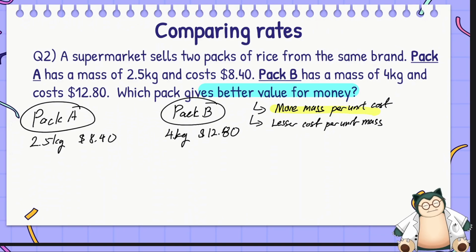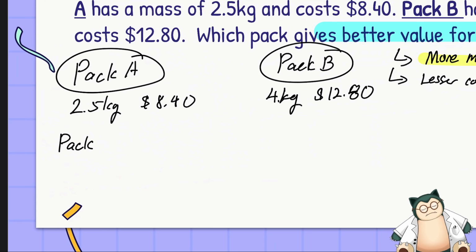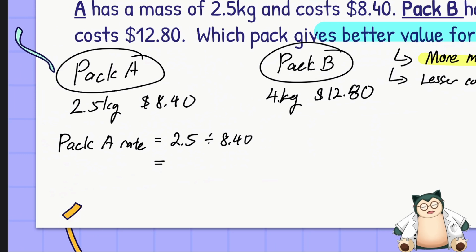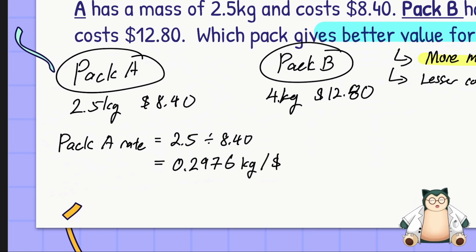Let's look at pack A first. Pack A's rate would then be 2.5 kg divided by $8.40. So 2.5 divided by 8.4. What I get is 0.2976 kg per unit cost, per $1.